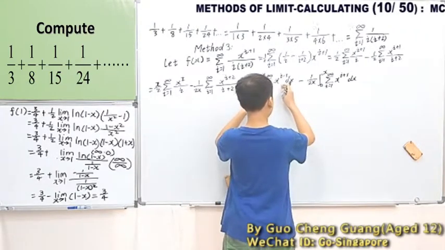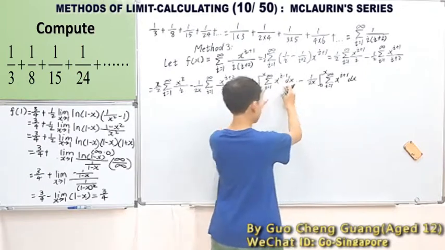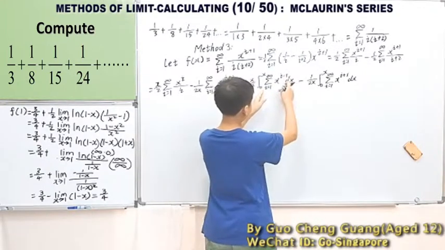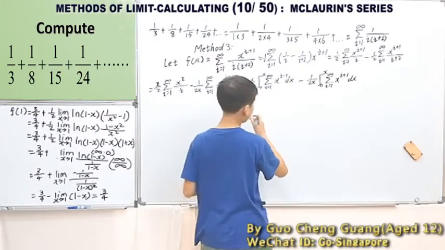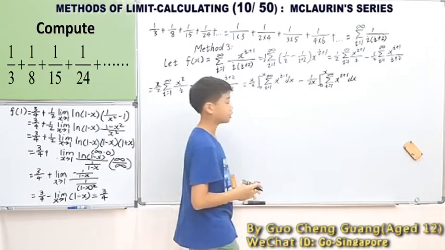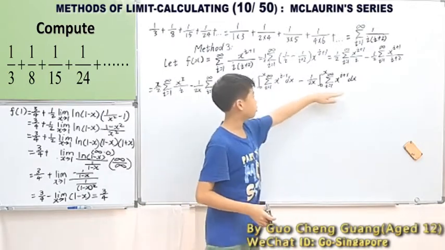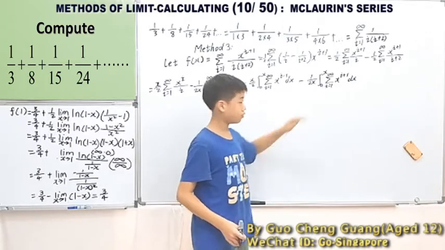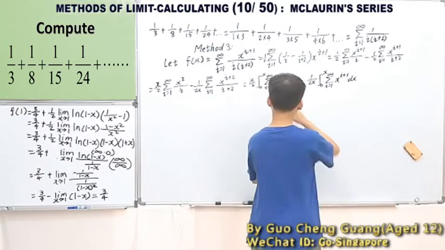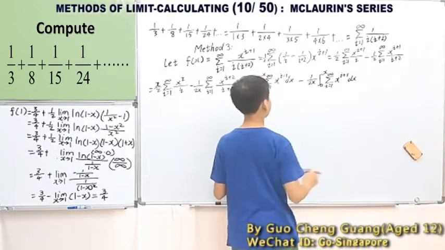Then on this part, what you can realize is this is a geometric progression. Well, it's just the sum of the terms in a geometric progression. These two are both the same, it's just that the first term is different.